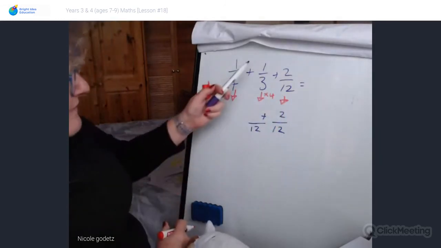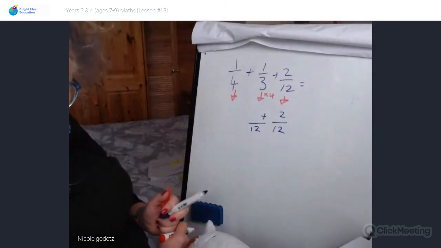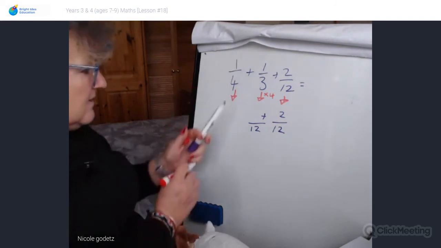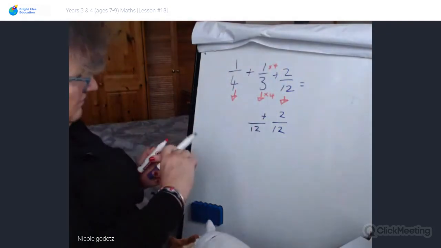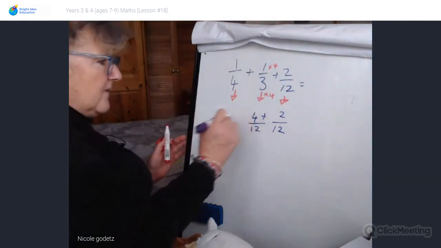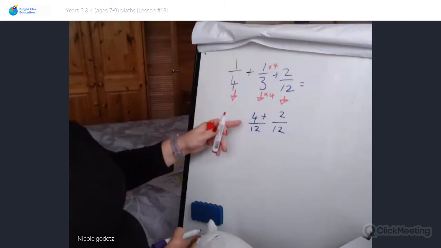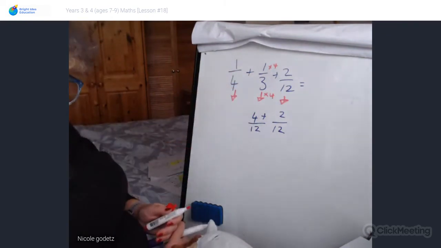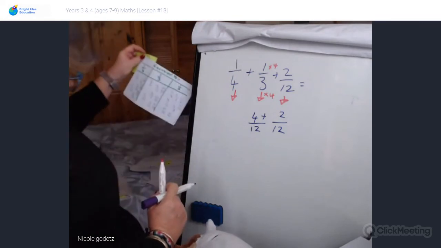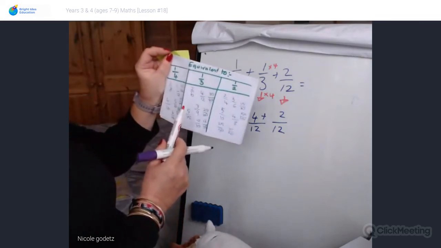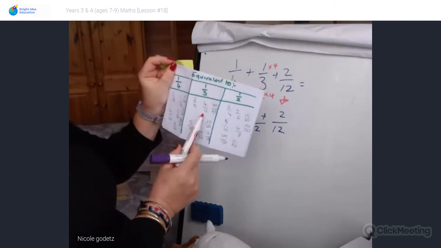Okay, so I've got to do exactly the same to the numerator. I've got to multiply it by 4. So 4 ones are 4. And we know that 1/3 is the same as 4/12. We know that. We did it earlier. 1/3 is the same as 4/12.